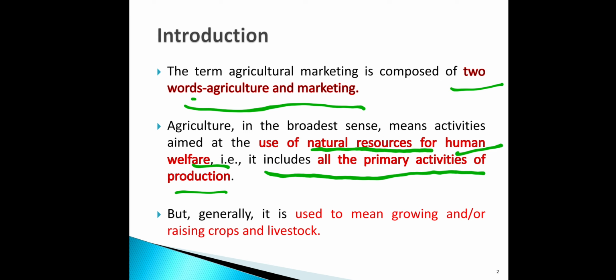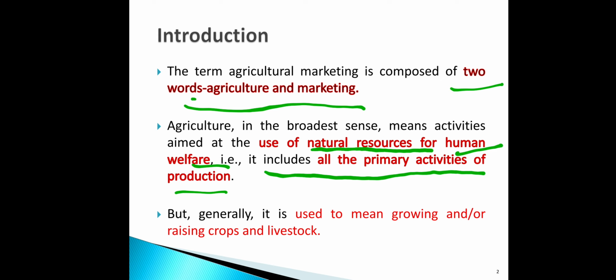Generally it is used to mean growing or raising crops and livestock. So this production activity may include the growing of crops or the raising of livestock. So this is about agriculture.